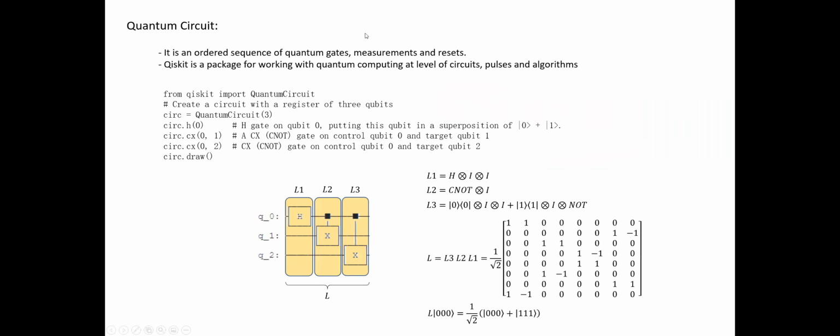So let's say I have an input of 0, 0. So I can perform this operation, H tensor multiplication identity for this state.